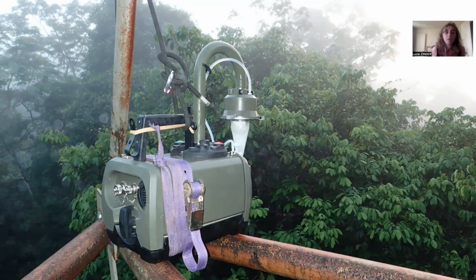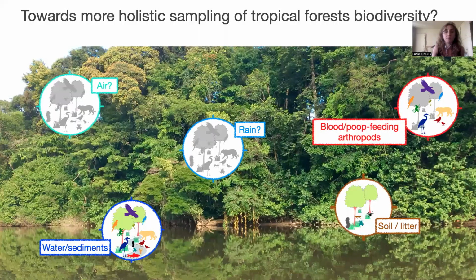And they did not find much information. In particular, they were not able to retrieve any vertebrate sequences and only a very poor amount of sequences related to plants. So for now, this option is not very suitable to sample forest biodiversity.